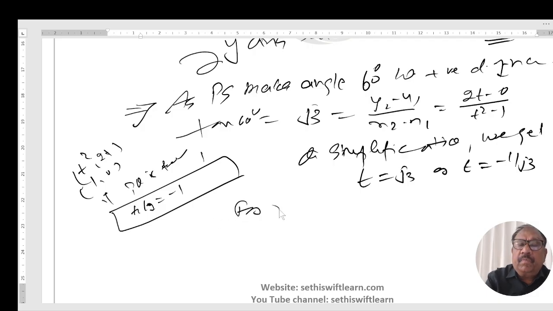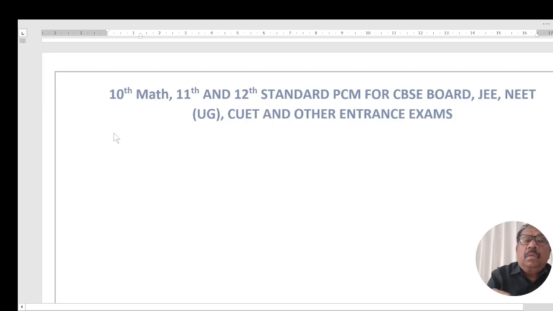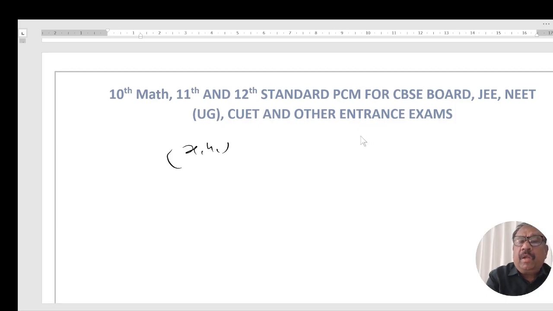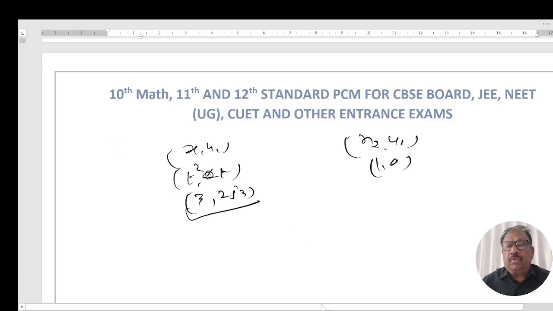For diameter form, the 2 points are (x1, y1) and (x2, y2): (1, 0) and (t square, 2t), that is (3, 2 root 3). The 2 points are done, right? Now further substituting the values.